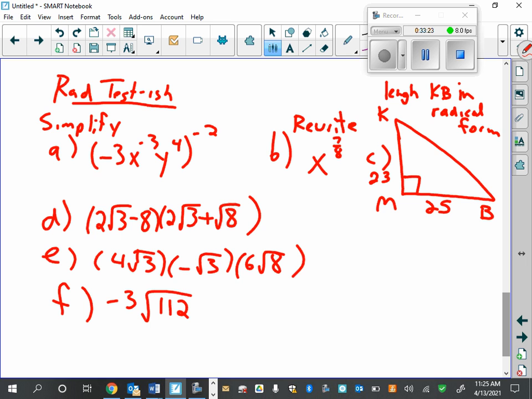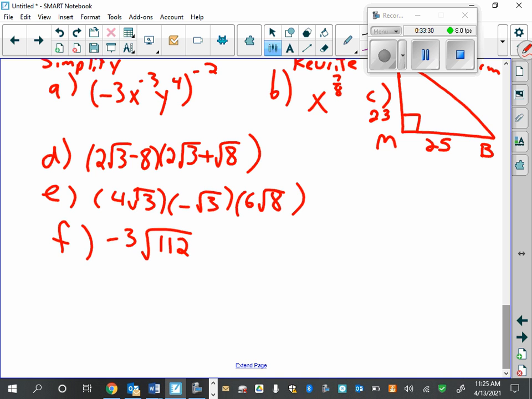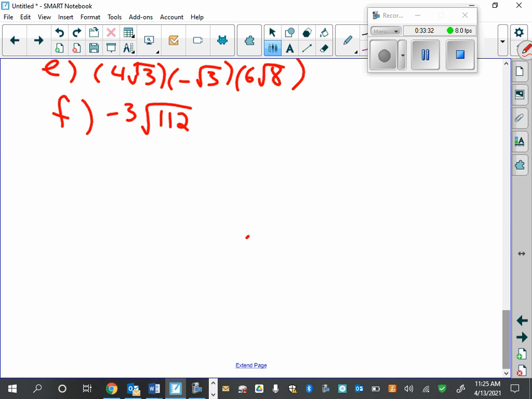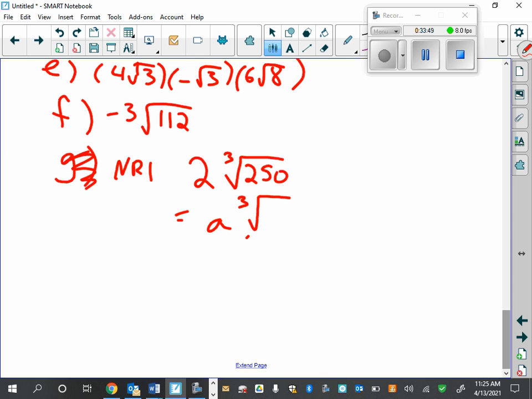Okay, pause that if you're not done writing it down, and then unpause when you're ready to write down the rest. This is numerical response 1. 2 cubic root of 250, almost a cubic root of B. Find A plus B. Response 2.